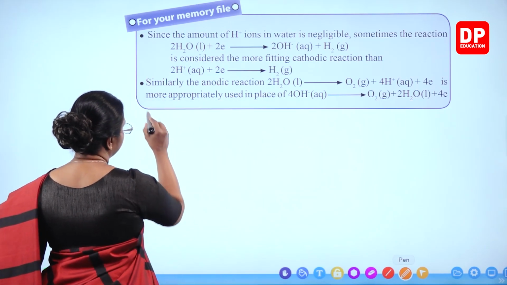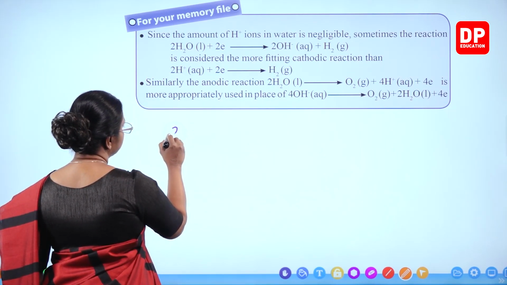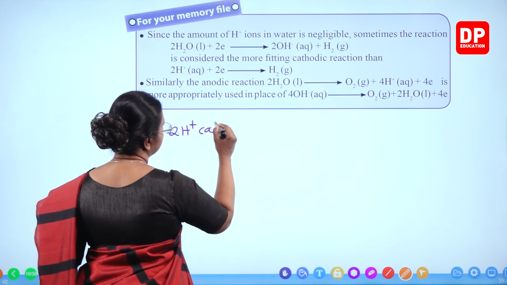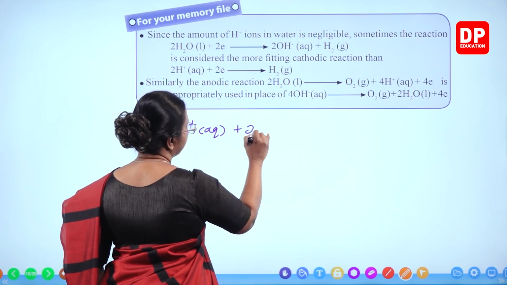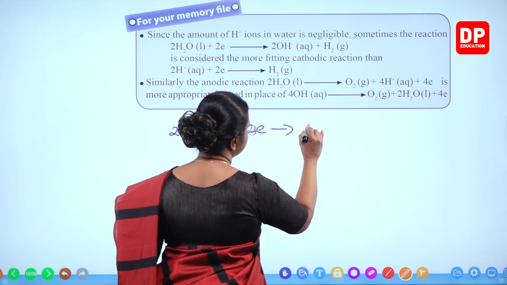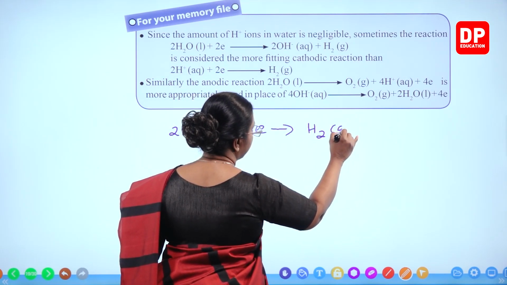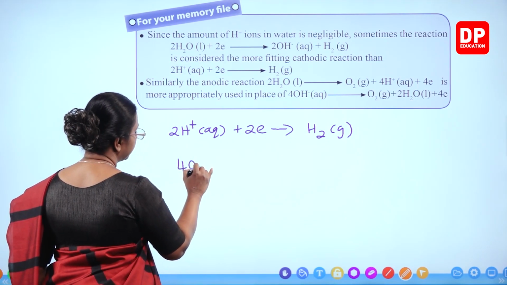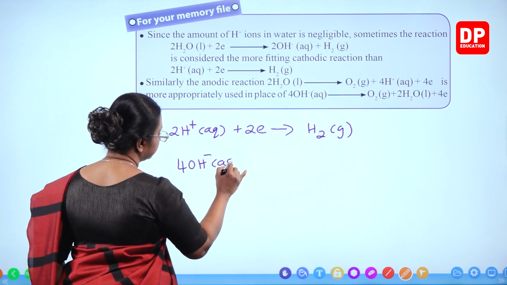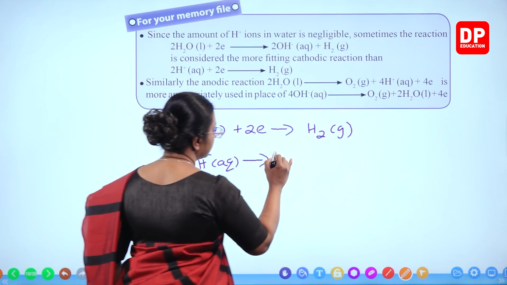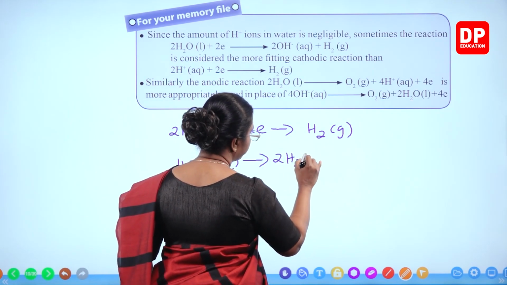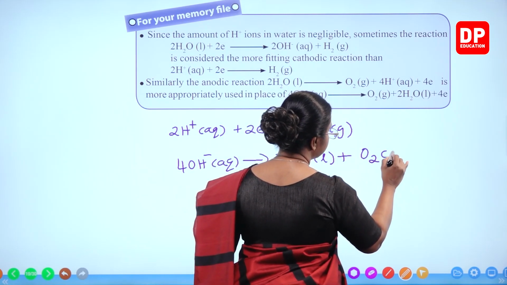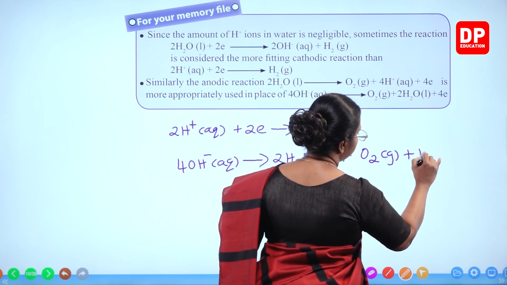Now when we wrote some of the equations: 2H plus aqueous plus 2 electrons giving rise to H2 gas. And the other one, 4OH minus aqueous giving rise to 2H2O liquid plus O2 gas, losing 4 electrons.